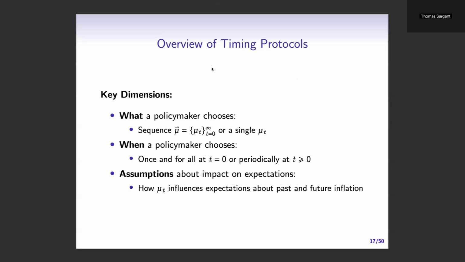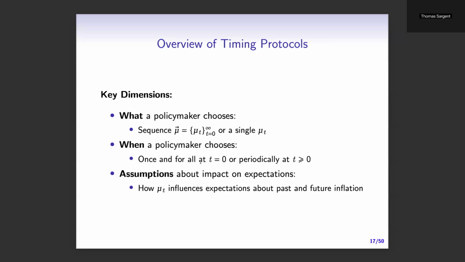We're going to talk about different timing protocols now, because we're going to perturb Calvo's model. We're going to make different assumptions about timing protocols. So we're going to talk about what a policymaker chooses. Does it choose a sequence, or does it choose a single mu-t? And then the question is, when does it do it?